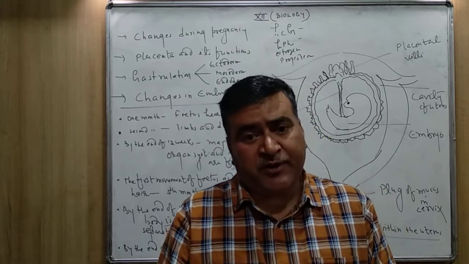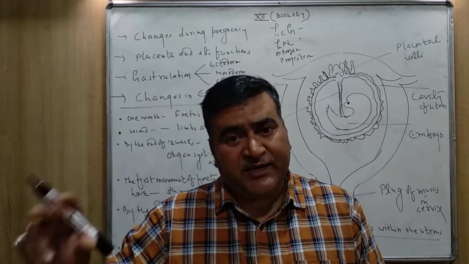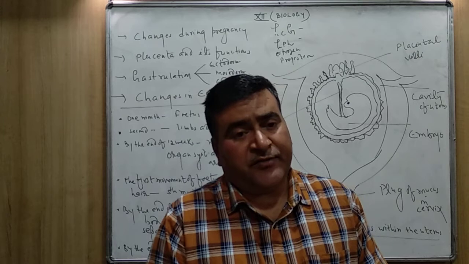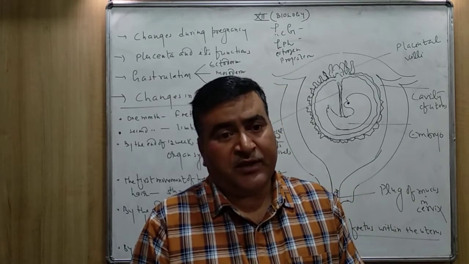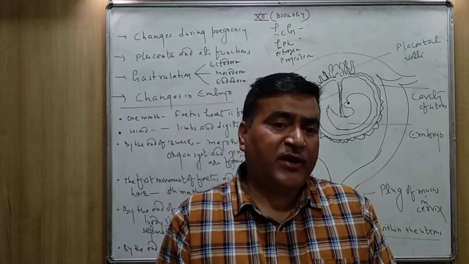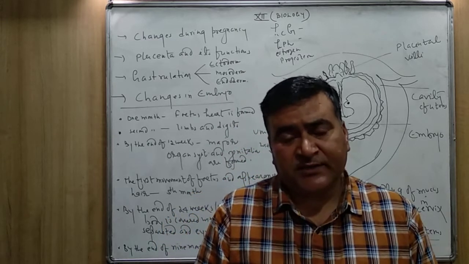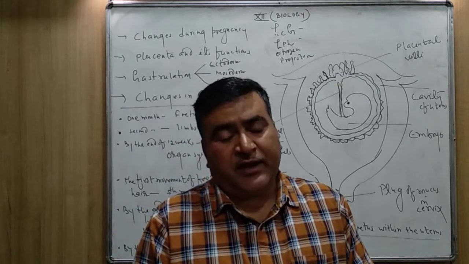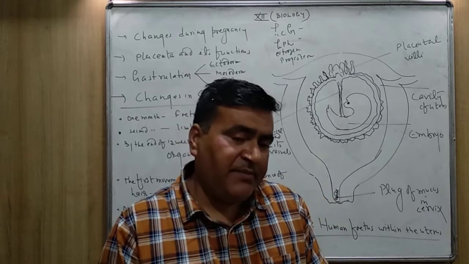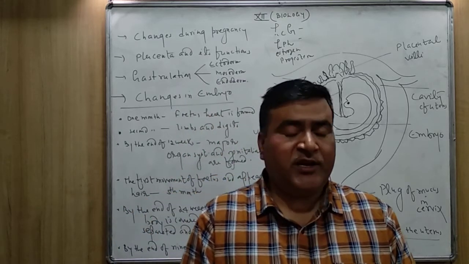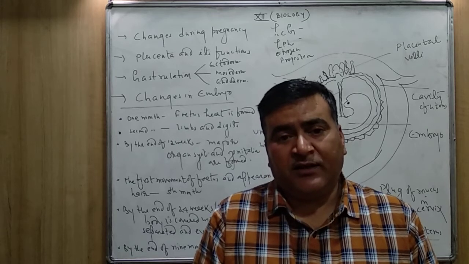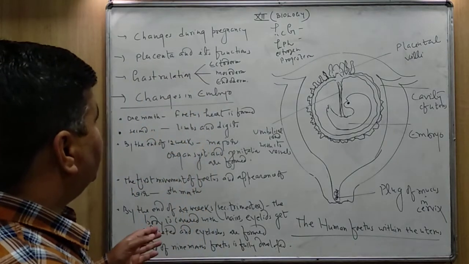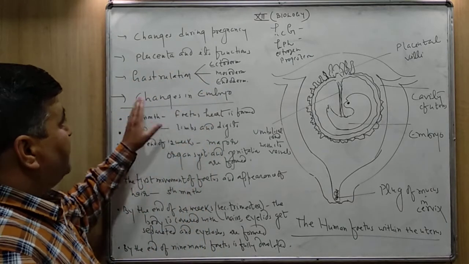Gastrula is the stage of an embryo in which all 3 germ layers are formed, and these layers are differentiated later on to form different body parts and organs of our body, as all the 3 germ layers have stem cells with the tendency to produce different body organs. And this whole stage is called gastrulation, in which the gastrula stage comes.